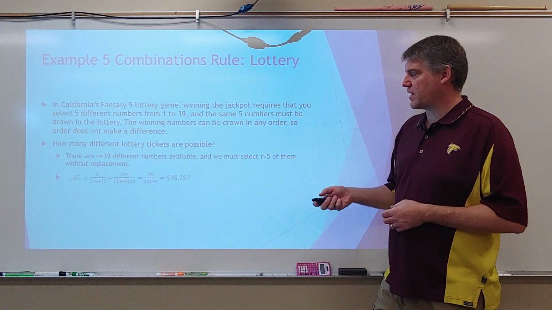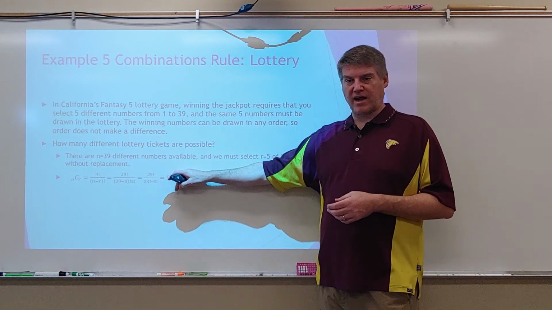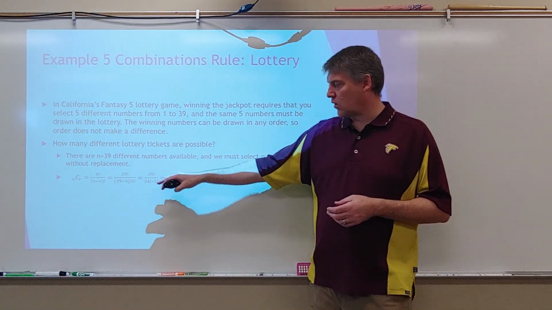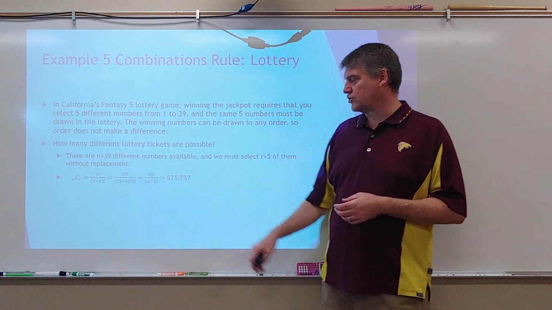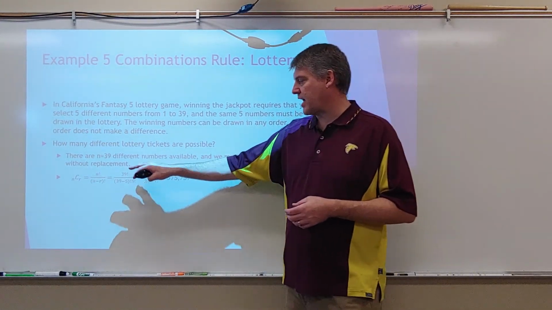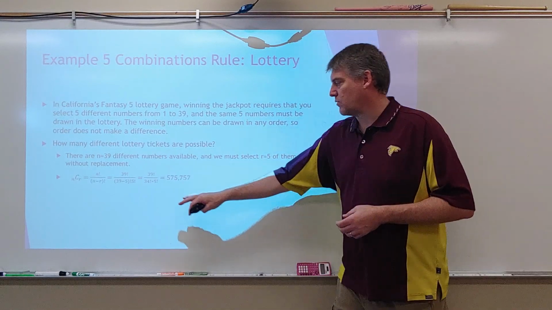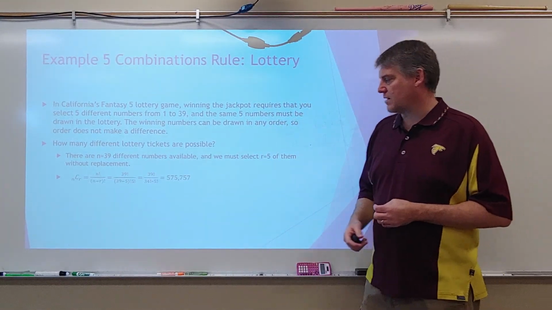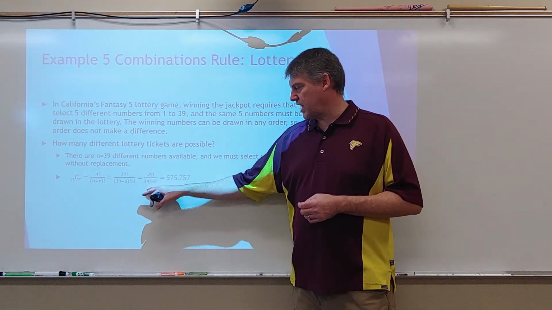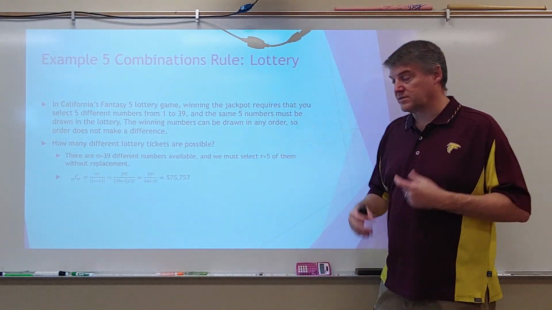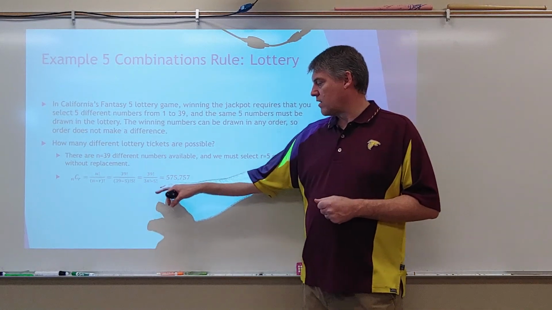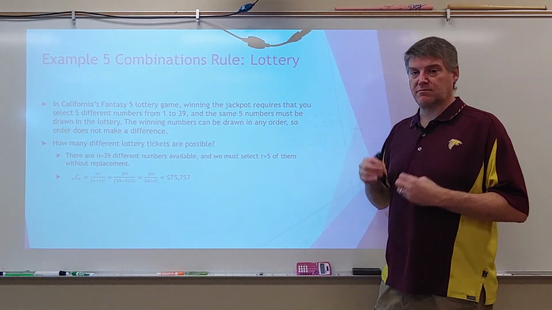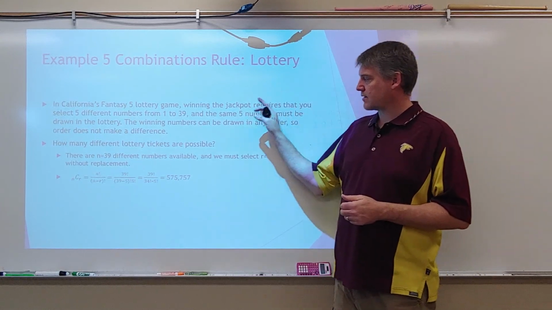Well, that would be a combination of 39 different items chosen with 5 of them. So we have 39 choose 5 or 39 C 5. So we have 39 factorial over 39 minus 5 factorial times 5 factorial, which is 39 factorial over 34 factorial times 5 factorial, or 575,757 different possible tickets.